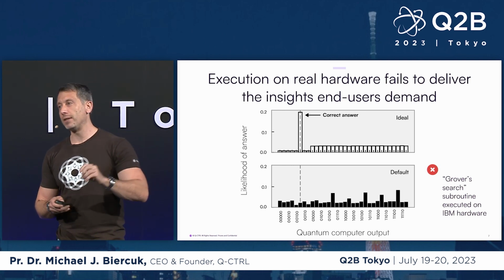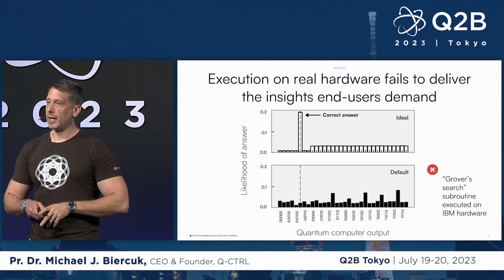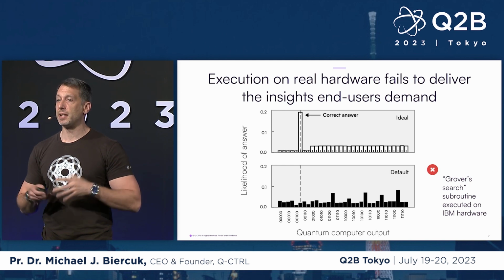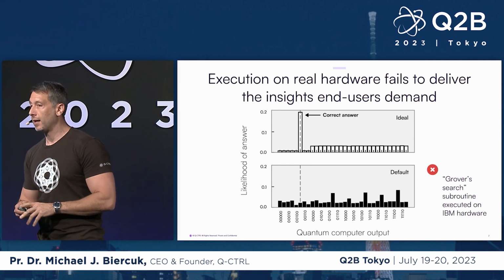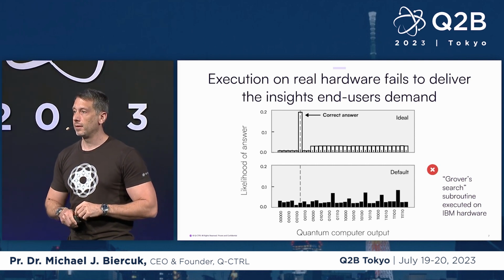When you actually run this on a real machine, you get the bottom. It's a random output. The correct answer is not identified by the algorithm. It's not even in the top 5 most likely outcomes identified by the algorithm. This is the user experience that all of you have.